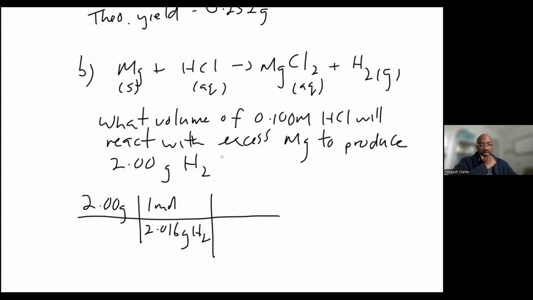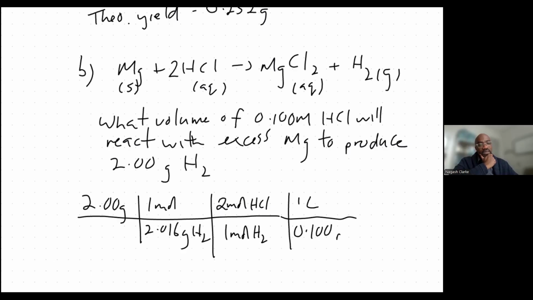We're going to balance our equation. So we're trying to find HCl now. So we'll put 2 moles HCl on top, 1 mole H2 on the bottom. And then I'm given the molarity, so I'm going to use that as an expression, but I want liters, so I'll put 1 L on top, 0.100 moles on the bottom.